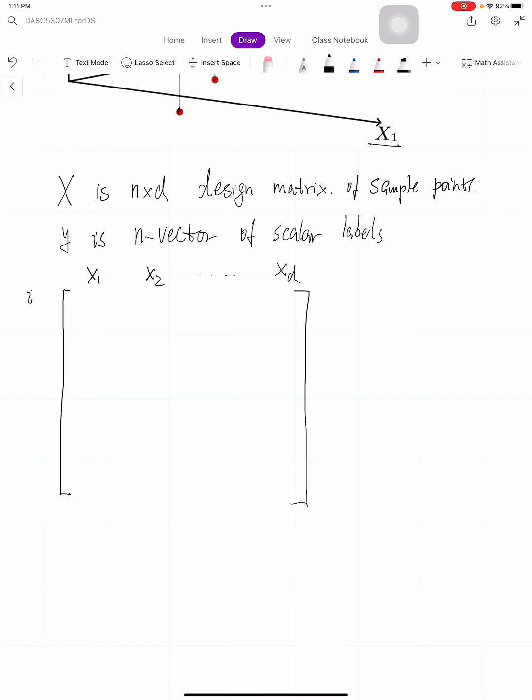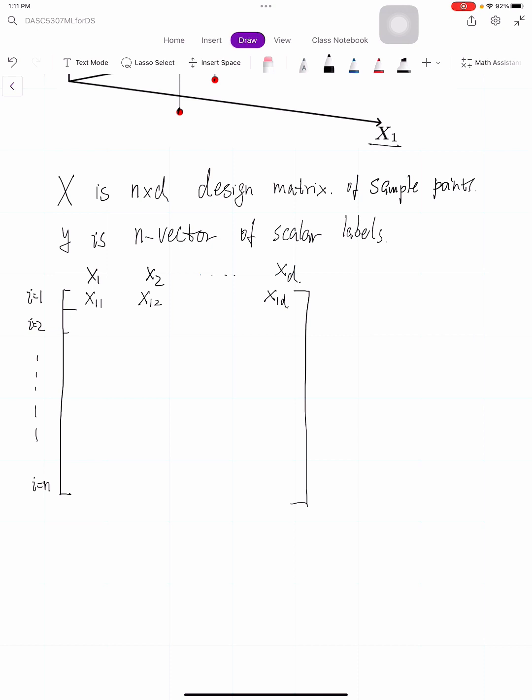So i equals 1 is our first observation, the first row. i equals 2 is the second row, second observation. And i equals n is the last observation. We have the first observation with the first feature, the first observation with the second feature, and the first observation with the last feature.